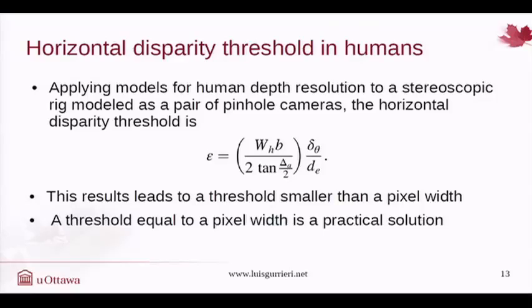You cannot use it. So what we did was use the width of a pixel as a threshold, which is a practical approach, given that the width of the pixel is basically what we need when we mosaic stereoscopic images. If the error is larger than the width of the pixel, it's going to be noticeable. If it's lower, it's not going to be noticeable. It also maintained the continuity in the horizontal disparity.